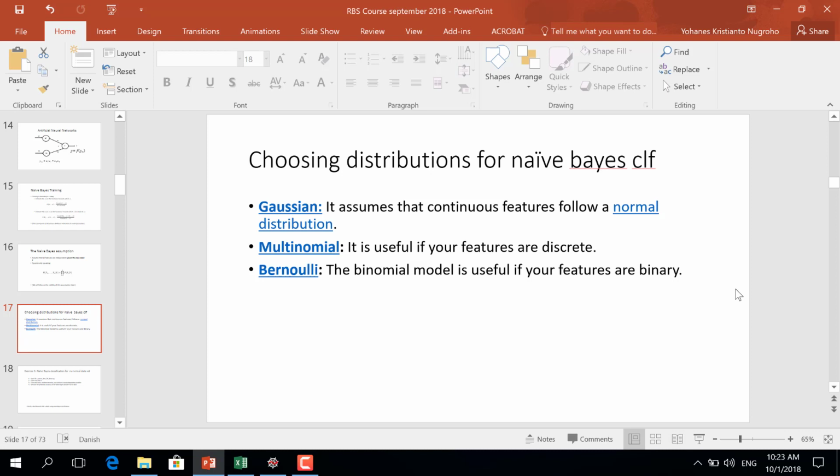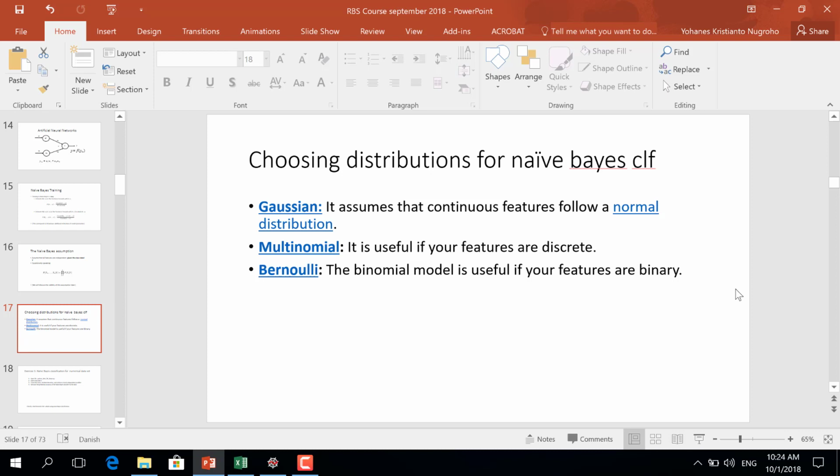For instance, if you would like to differentiate a product between yes or no, based on some discrete features, for example color, red, green, yellow, and maybe hot and cold, then you should use a multinomial distribution.